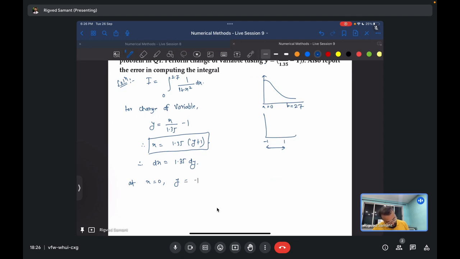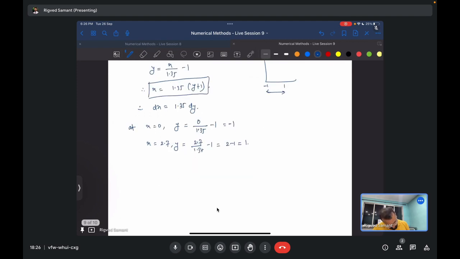If you put 0 divided by 1.35, basically you are getting into that form that you require for a quadrature formula. Lower limit minus 1, upper limit, if you put x is equal to 2.7, it will be 2.7 by 1.35 minus 1, 2 minus 1 is equal to 1. So lower limit minus 1, upper limit 1.